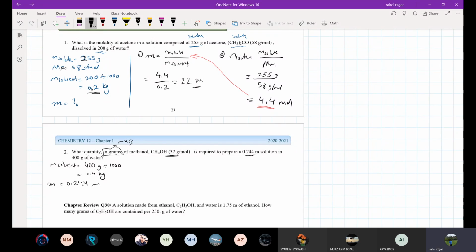This is the molal. What else is given? That's it. Molar mass is also given, and it's asking for mass of solute. Let's start solving.